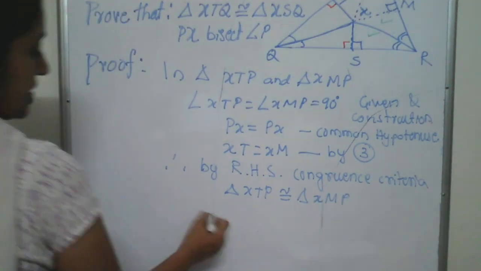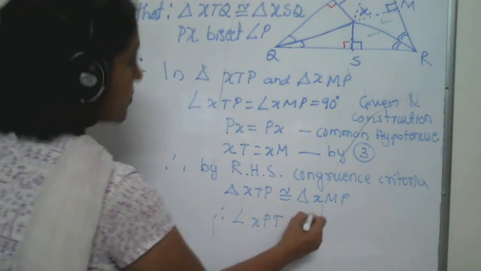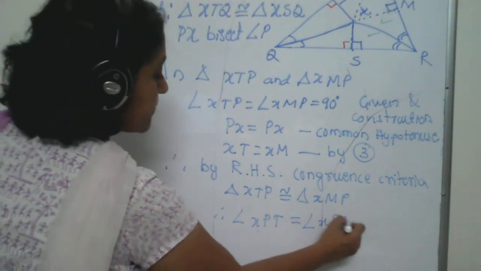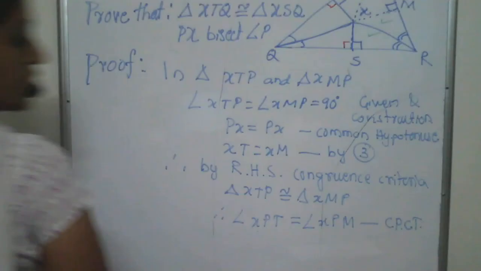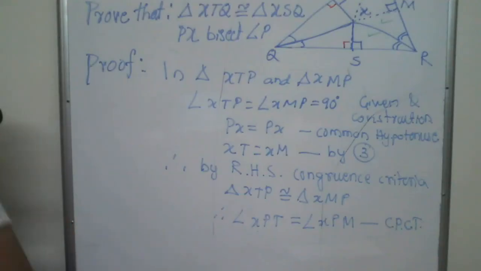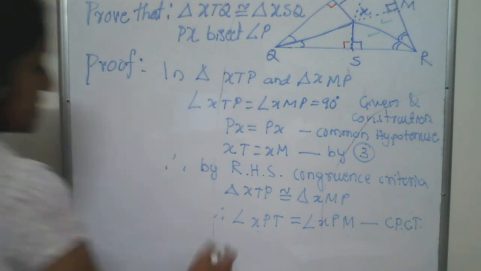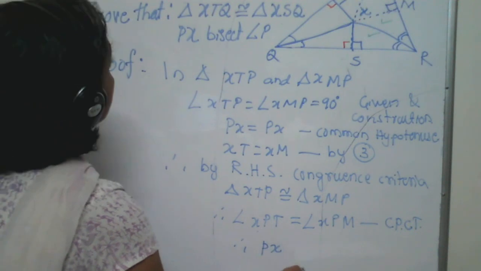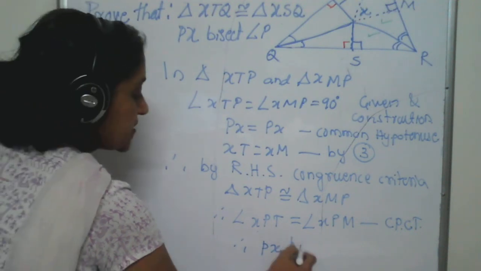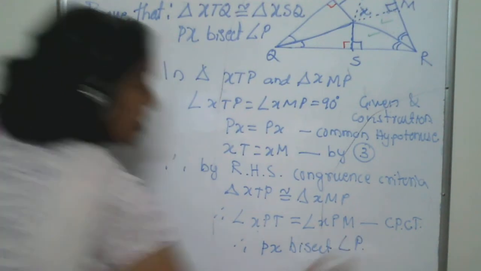Therefore angle XPT is equal to angle XPM by CPCT, that is corresponding parts of congruent triangles. If these two are equal, then PX bisects angle P.